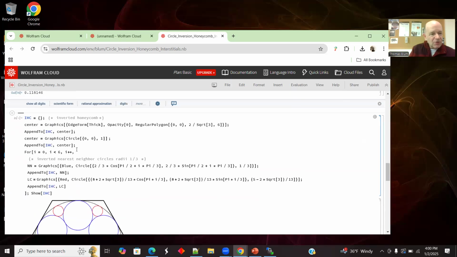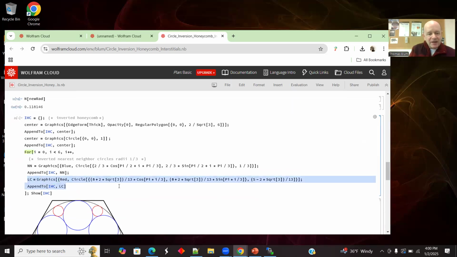And so this is my inverted honeycomb lattice. And then here's what I just added. I found the position of the radii. So that would be the close point plus that radius we just found, or 1 minus that radius we just found, either way.